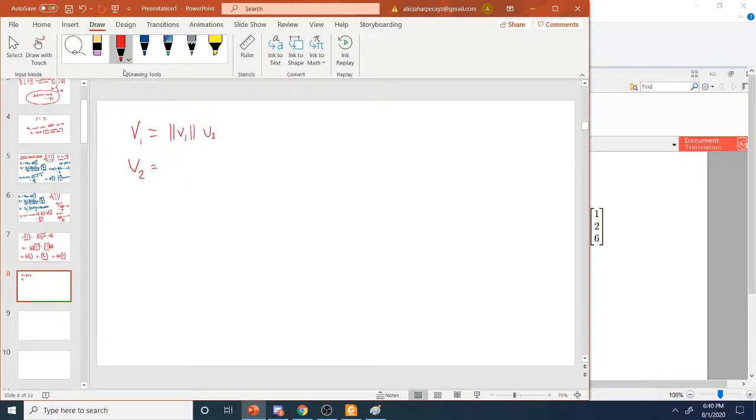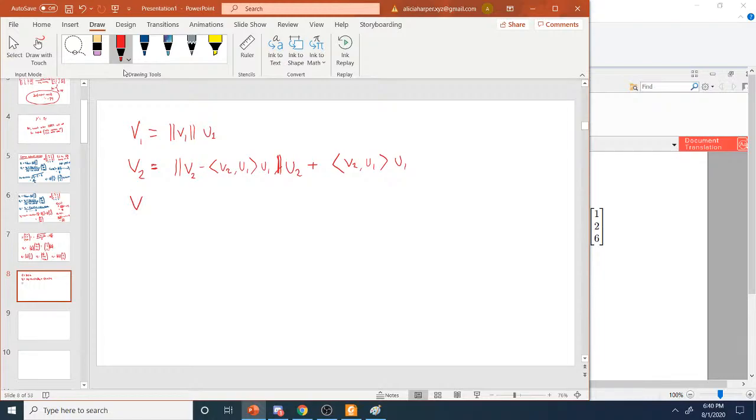V2 is equal to the magnitude of V2 minus the inner product of V2 with U1 times U1, all multiplied by U2, plus the inner product of V2 with U1 times U1.